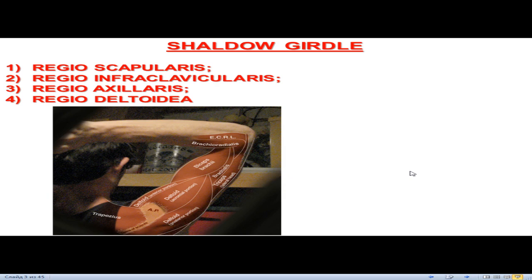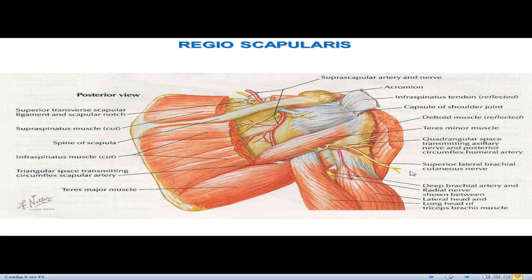Now, let's talk about regions of the shoulder girdle. Scapular region. My dear friends, I'll tell you now the algorithm, the plan, which you must always use during studies of the regions of the human body.